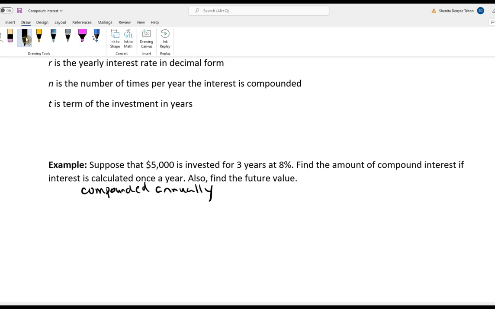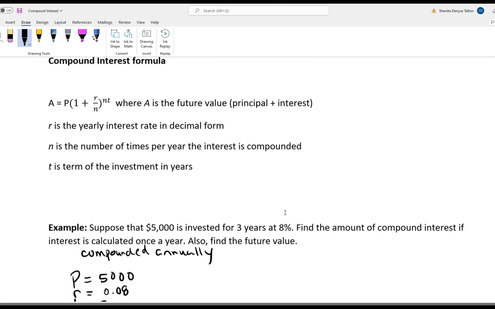All right, so let's write out the information that was given to us. They tell us that the principal amount, the amount invested, is $5,000. They told you that it's invested at a rate of 8%, which is 0.08. They tell you that it's been invested for 3 years, and the N, the number of compound periods, is 1, since it's compounded once a year, annually.